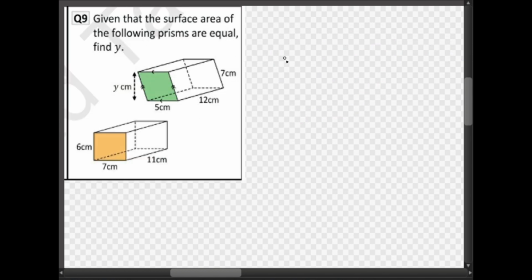Here it says that given the surface area of both of the following prisms are equal, we need to find y. So firstly, we can find the surface area of the prism below. To find this face, it will be 6 cm times 7 cm.